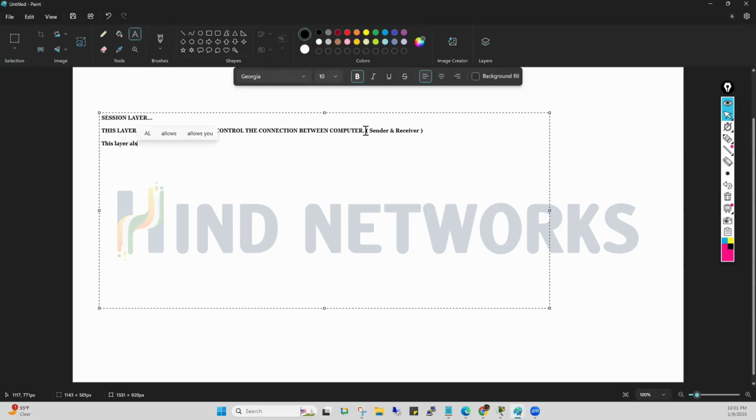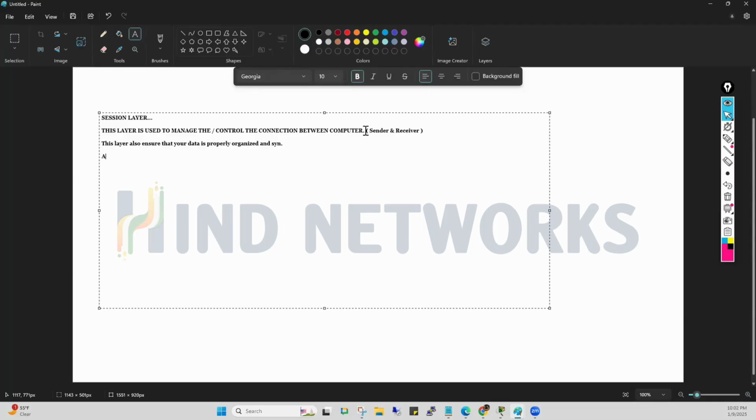This layer also ensures that your data is properly organized and synchronized. This layer is also responsible for this.